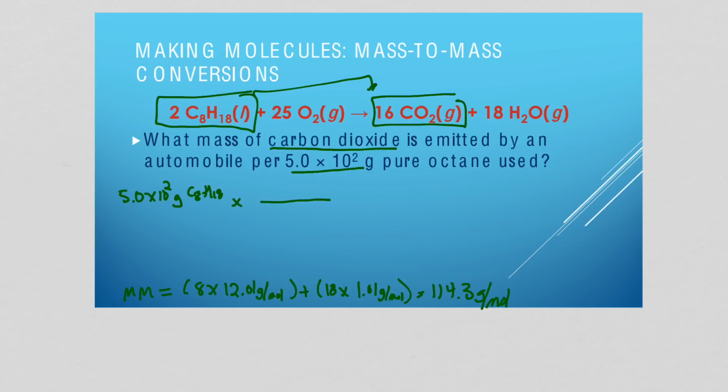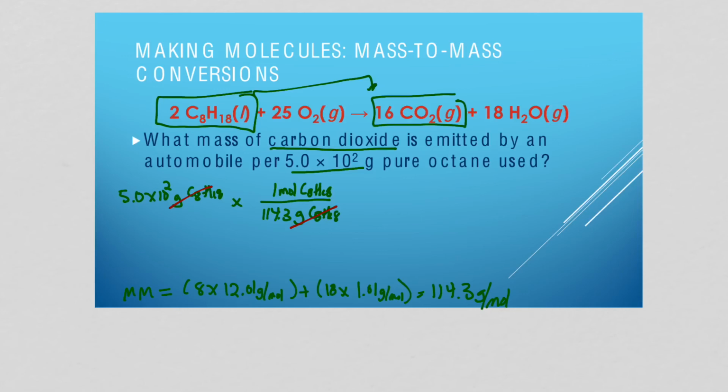So I'm going to put that, and of course I need the grams part on the bottom. So 114.3 grams of octane per 1 mole of octane. And so this will convert it into moles. Now I have my moles of octane.